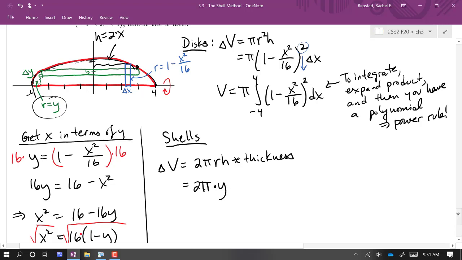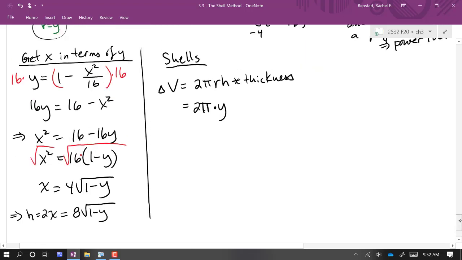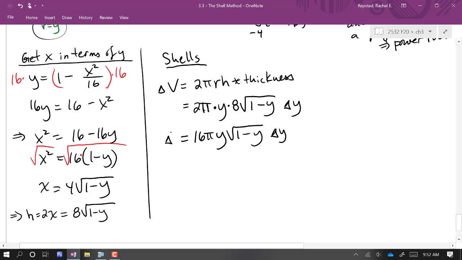The height, that's this expression that we just found, 8 times this square root. The thickness is delta y. So we got 16 pi y times the square root of 1 minus y delta y. That's our delta V.